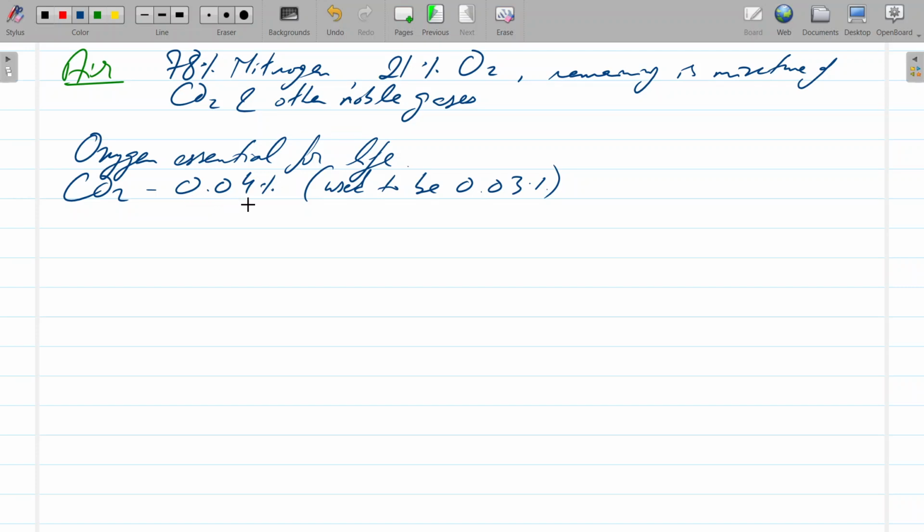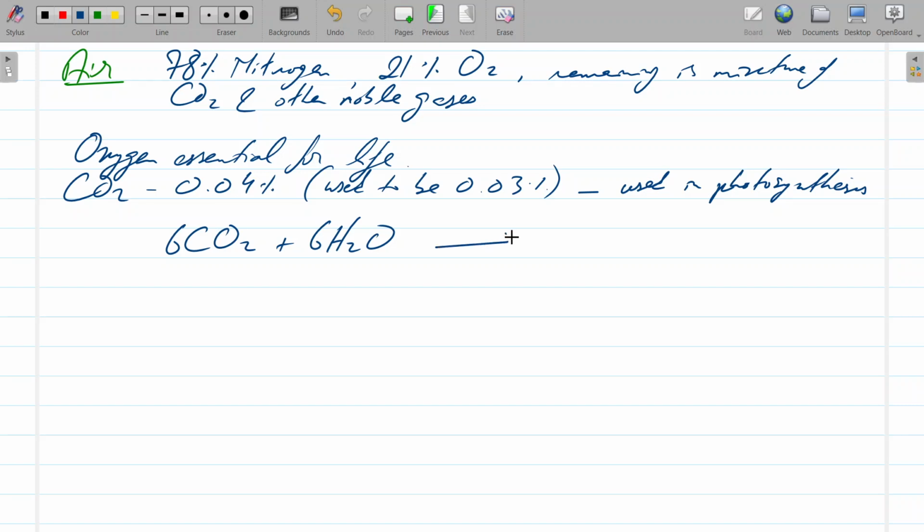So 0.04%, and so that's essential for all plant matter, because it is used in the process of photosynthesis, where they've given you the equation: 6CO2 plus 6H2O giving you C6H12O6 plus 6O2.